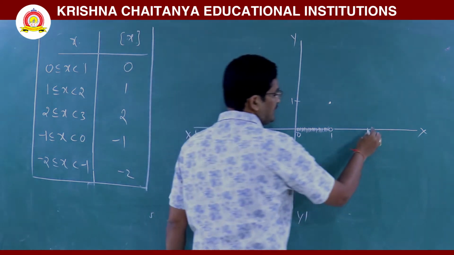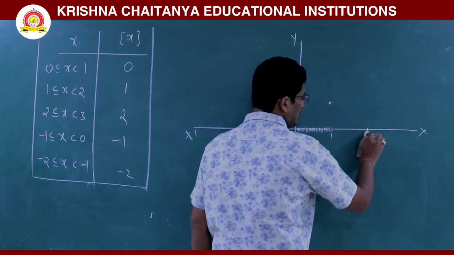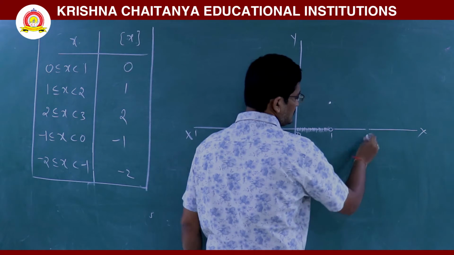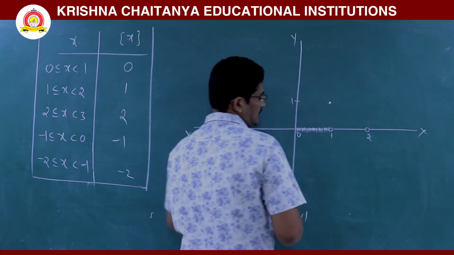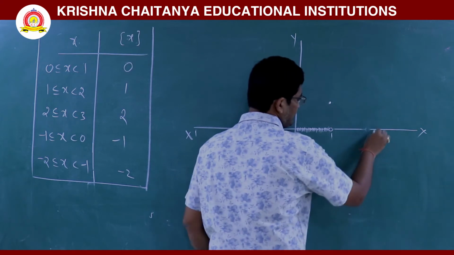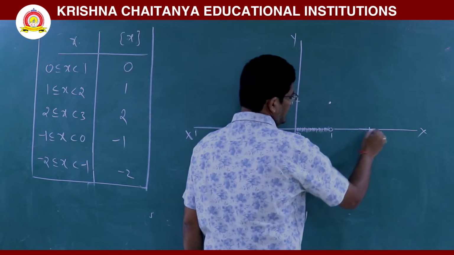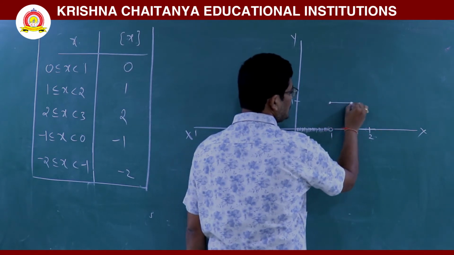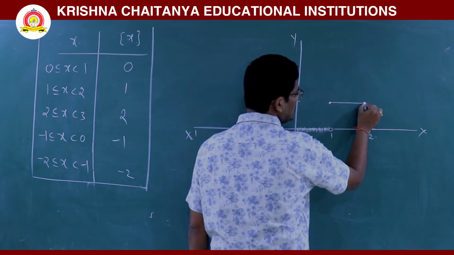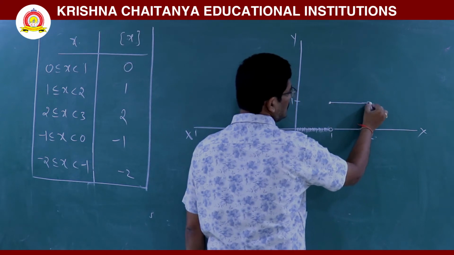So if x equals 2, I put a hole there. You have to notice that one. So at 1 step is 1, at 1.5 step is 1 up to 2. At 2 it is not 1, so I have to put a hole there.